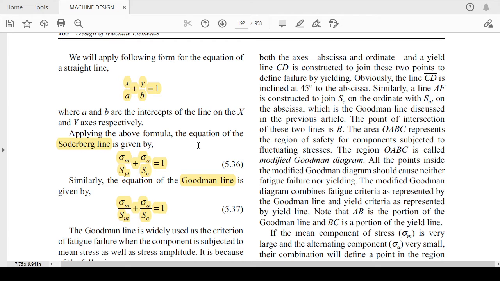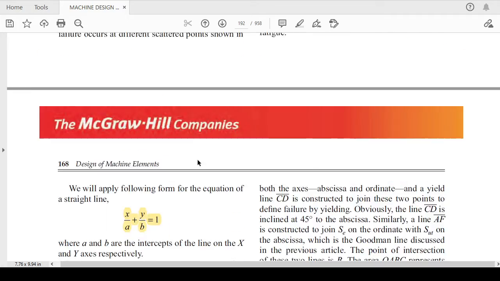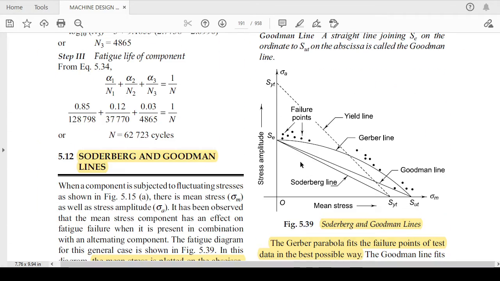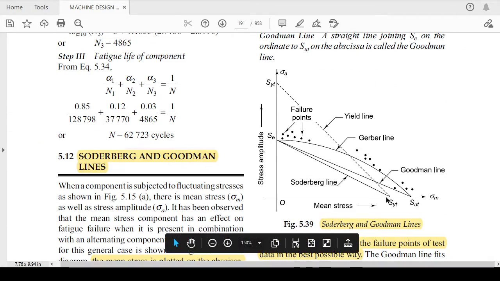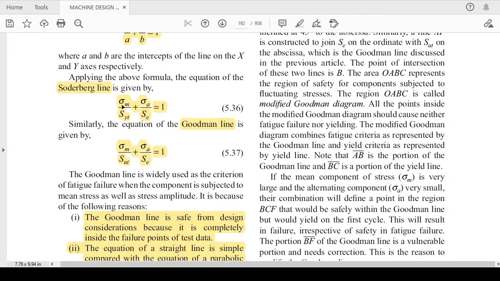For the Soderberg line, the x-axis is sigma m and the y-axis is sigma a. The intercept of the Soderberg line on sigma m is SYT, while on sigma a the intercept is Se. So the equation is sigma m/SYT + sigma a/Se = 1.